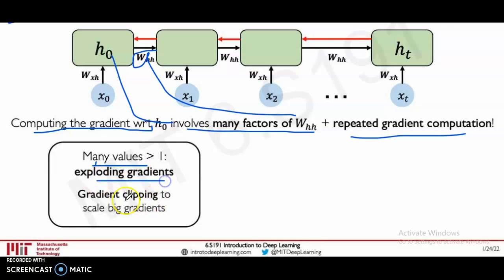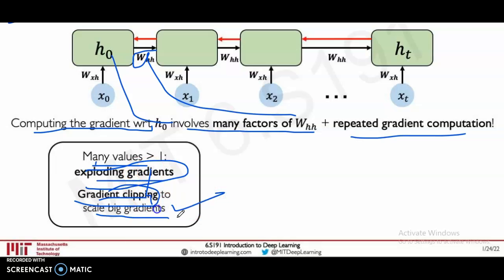Exploding gradients: gradient clipping to scale big gradients. Many values greater than 1 give exploding gradients, and gradient clipping scales big gradients.